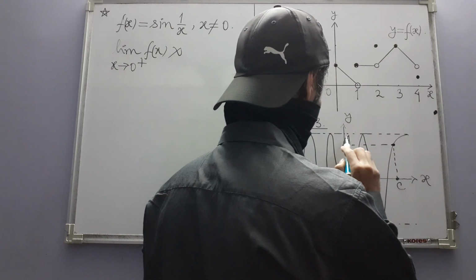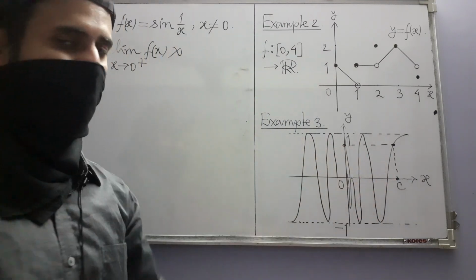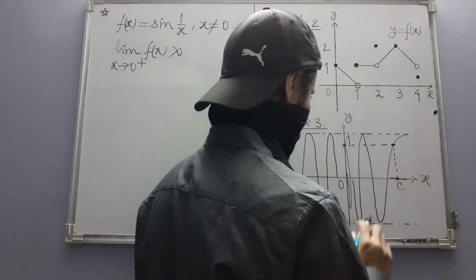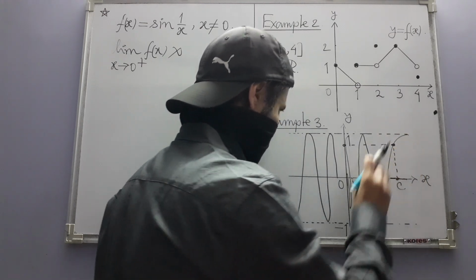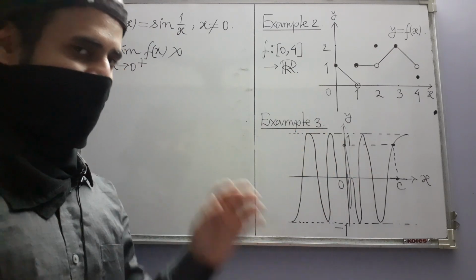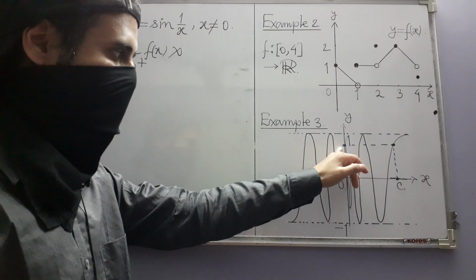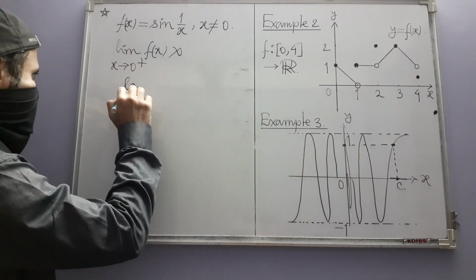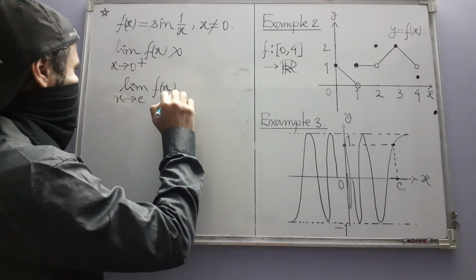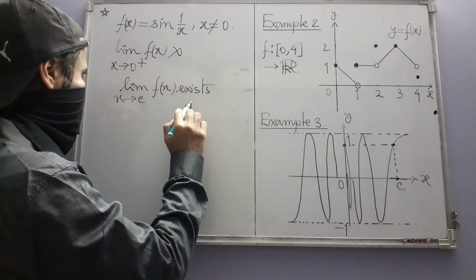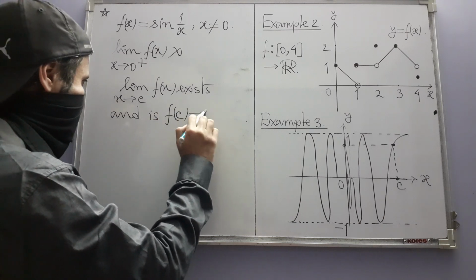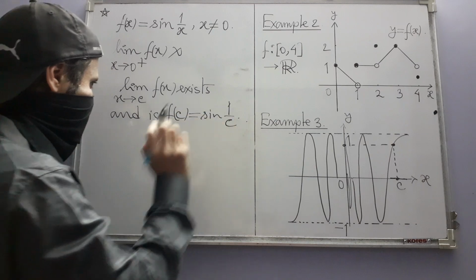So the function has this value at that point, and near C, whether you are to the right of C or to the left of C, the functional values actually get close to that point, and they settle at that point as the limit. So this exists, and is f of c, which is just sine 1 over c.